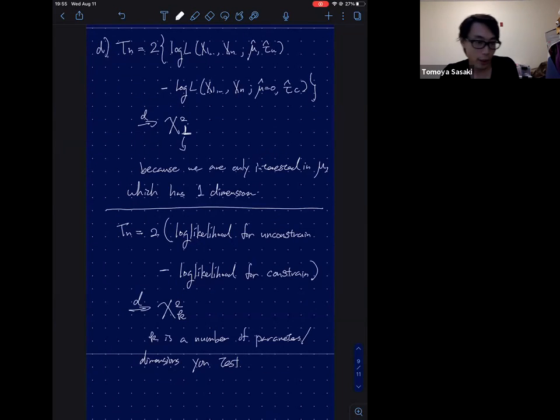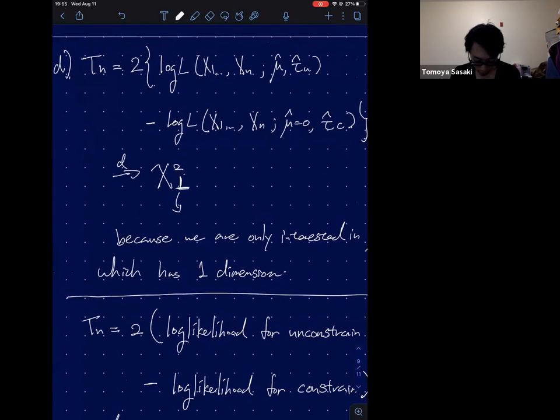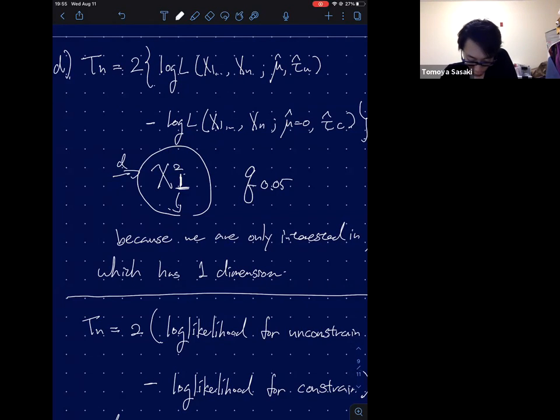And for question E, I will leave this behind because you just go look up the chi-square table. It's level Q alpha, and you just look up the table for the degree of freedom 1 case.